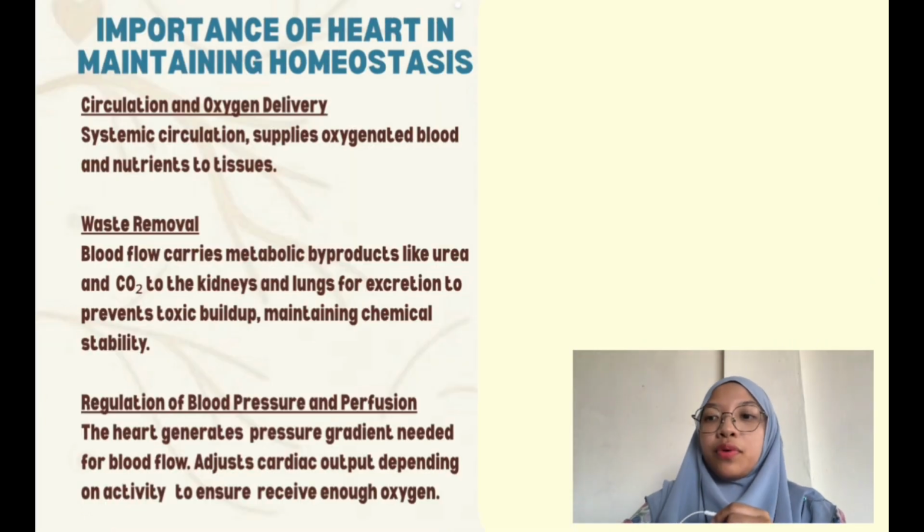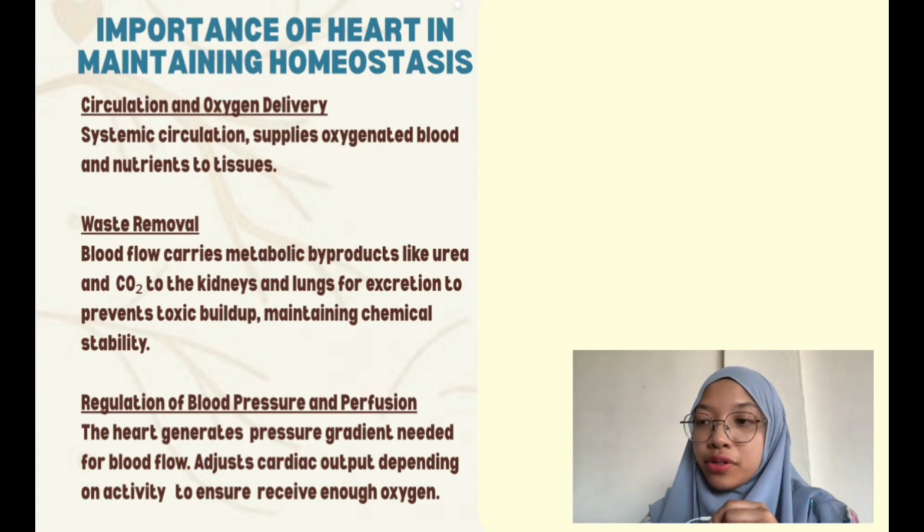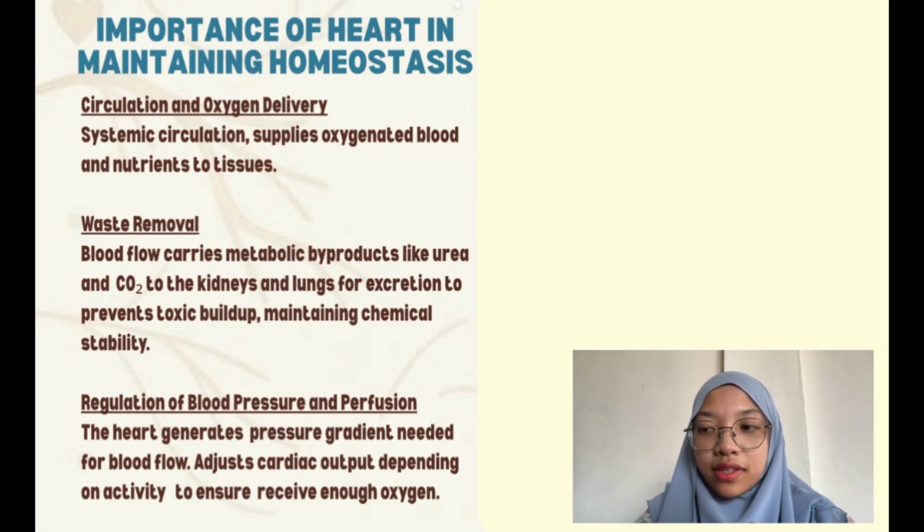So, we will focus on the importance of the heart in maintaining homeostasis. It has three importances, and the first one is circulation and oxygen delivery. Systemic circulation supplies oxygenated blood and nutrients to tissues. Secondly, waste removal.